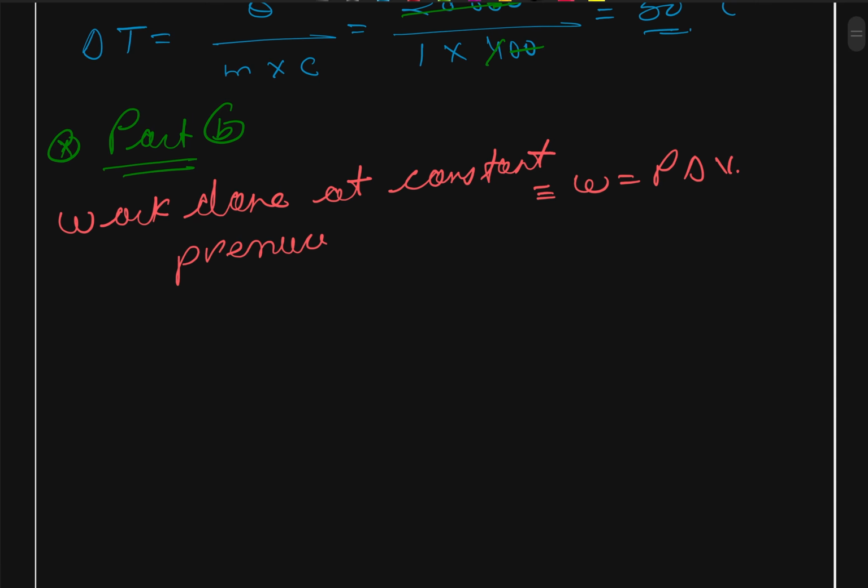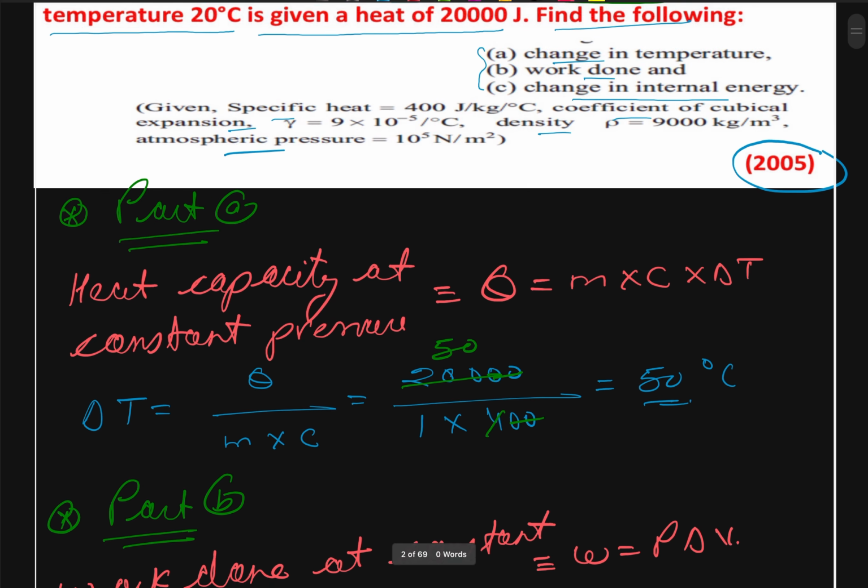To find the change in volume we require the initial volume. Let us call the initial volume Vi, equal to mass divided by density, where mass is 1 kg and density is given as 9000.